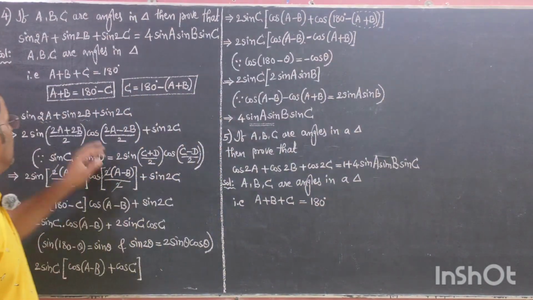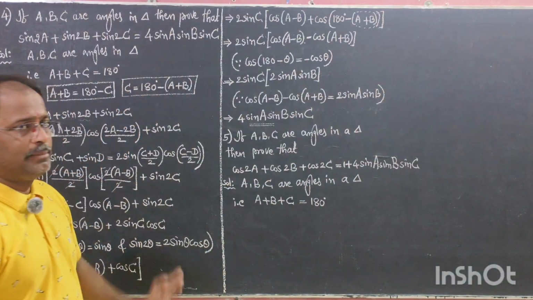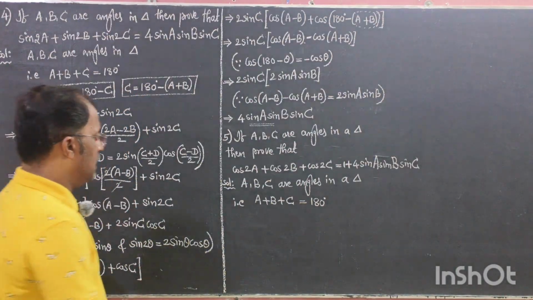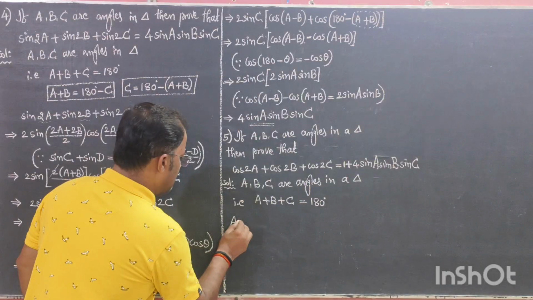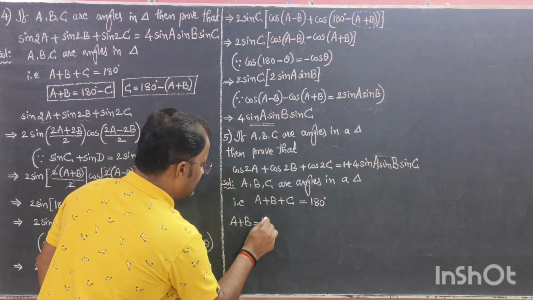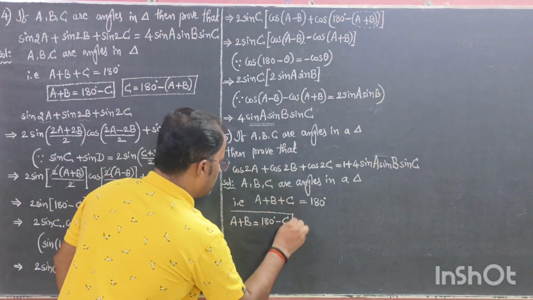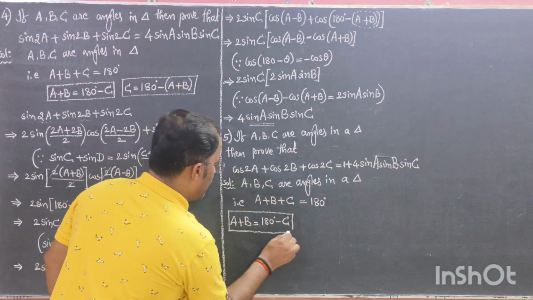Again the same: A plus B can be written as 180 minus C, and capital C can be written as 180 minus of A plus B. A plus B plus C equals 180; C becomes minus C on the right side, meaning 180 minus C. So the A plus B value is completed.